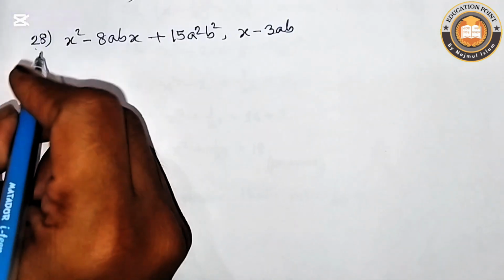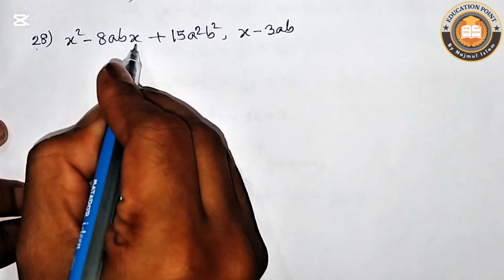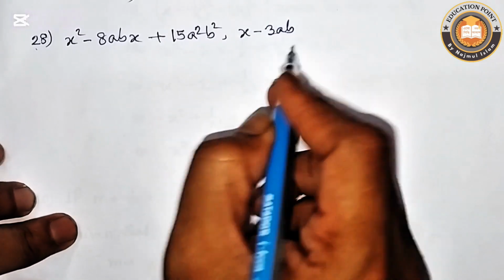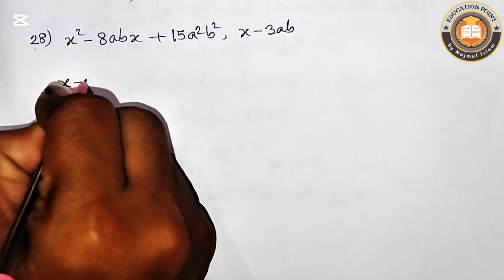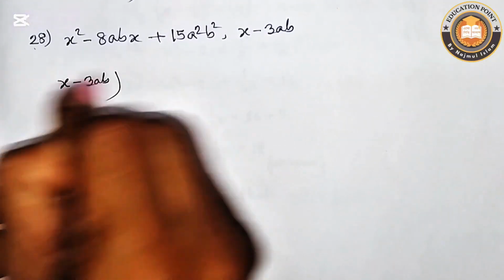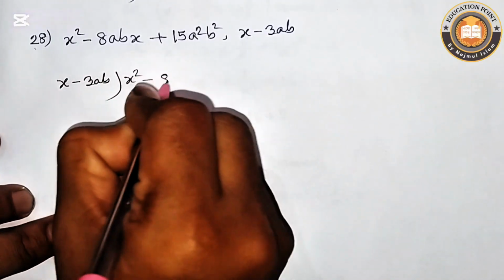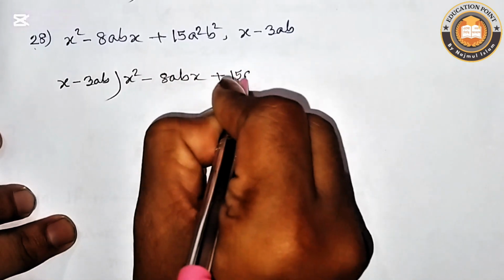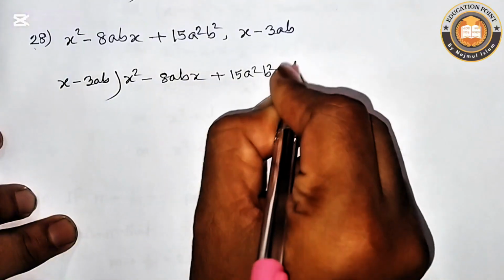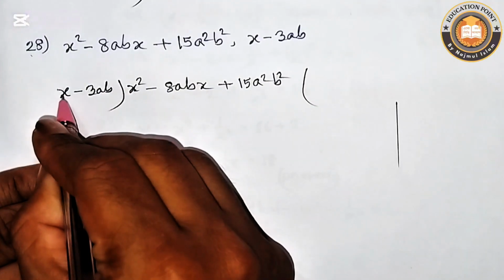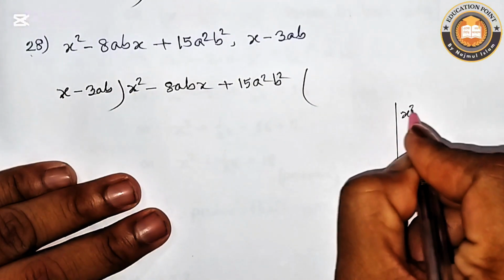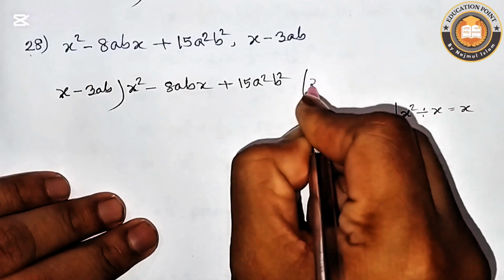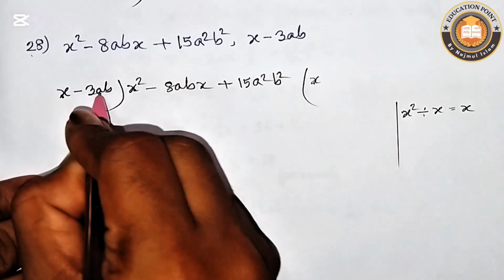Question number 28. X square minus 8abx plus 15a square b square divided by x minus 3ab. At first, x square divided by x equals x. Multiply x with x minus 3ab.